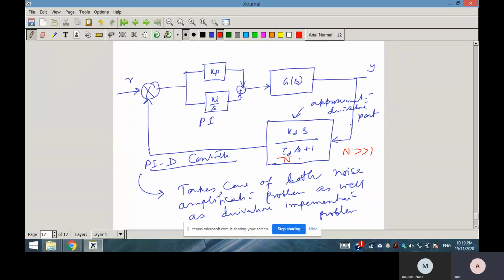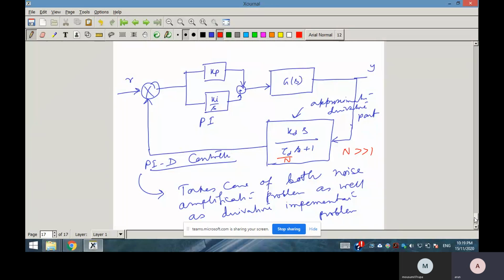What is the bandwidth of the noise you want to pass? Based on that you have to choose tau D by N. And if you choose tau D by N more, then again this will affect the system performance and system behavior. So that's the trade-off we have to make.